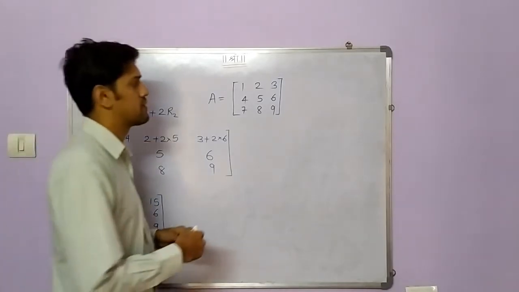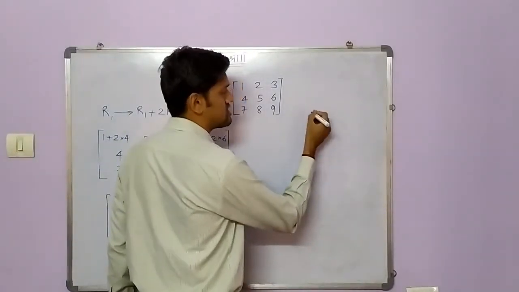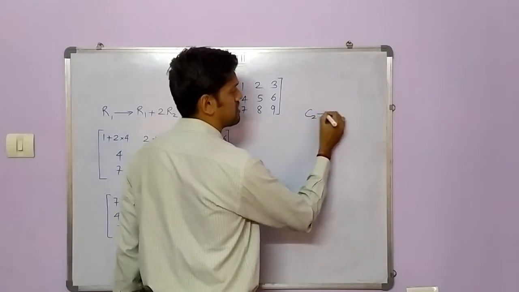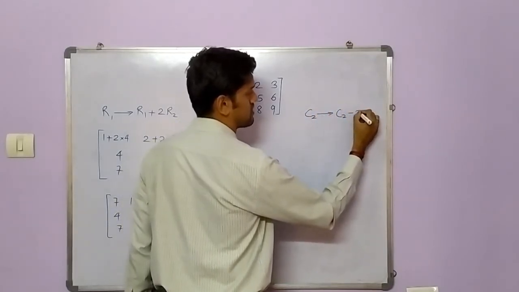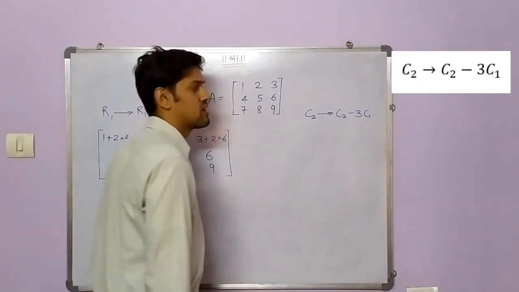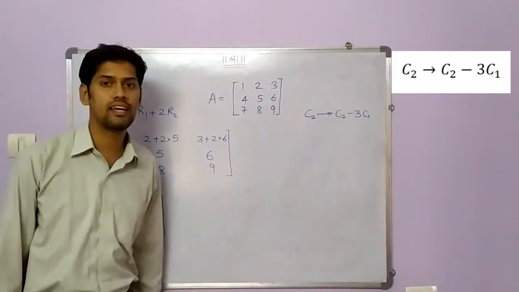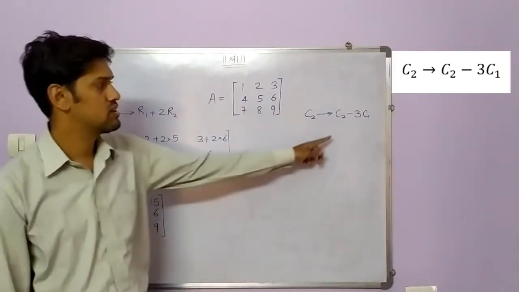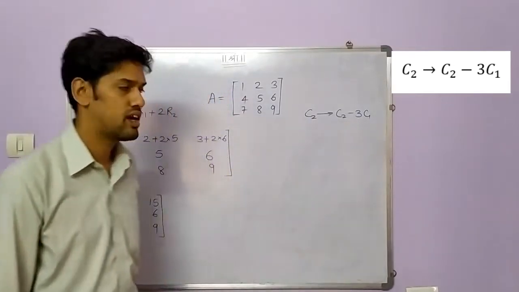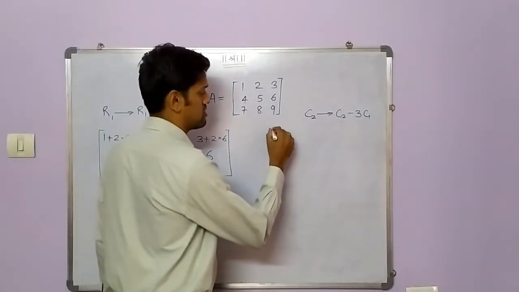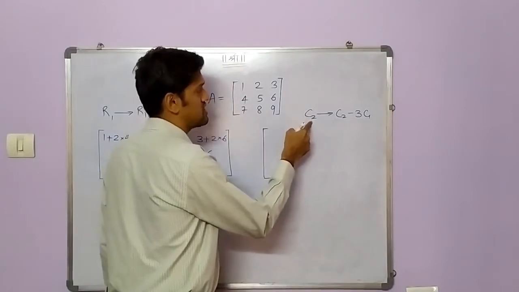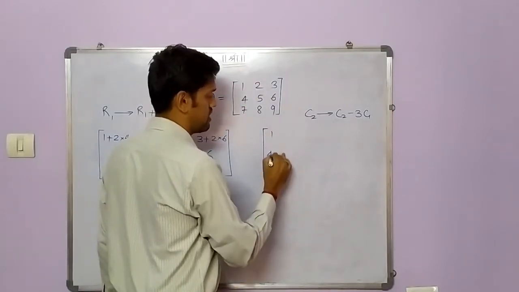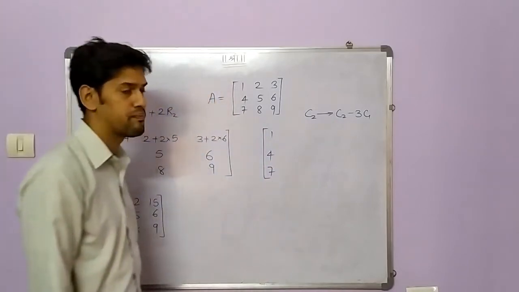So what I'll do is, I will change the second column in this way. Here the value of K is minus 3. So minus 3 times C1 has come. So the matrix will be, the second column we are changing, so the first column will remain the same.